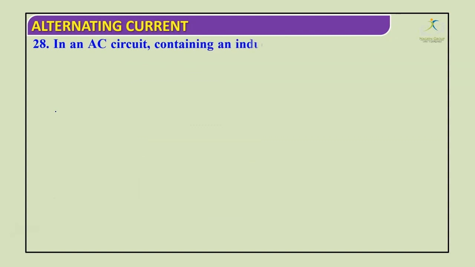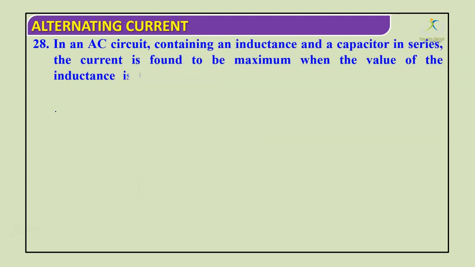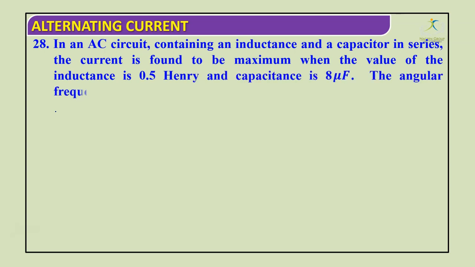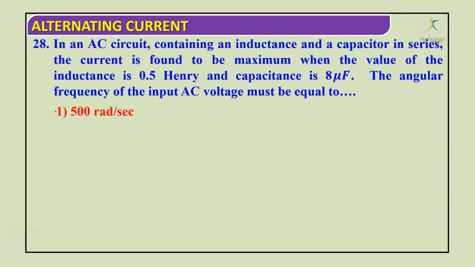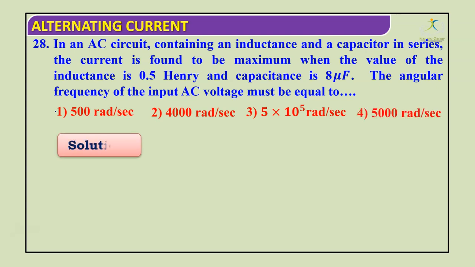Next question we have, in an AC circuit containing an inductance and a capacitor in series, the current is found to be maximum when the value of inductance is 0.5 Henry and the capacitance is 8 microfarad. The angular frequency of the input AC voltage must be equal to: 500 radian per second, 4000 radian per second, 5 into 10 to the power 5 radian per second, or 5000 radian per second.